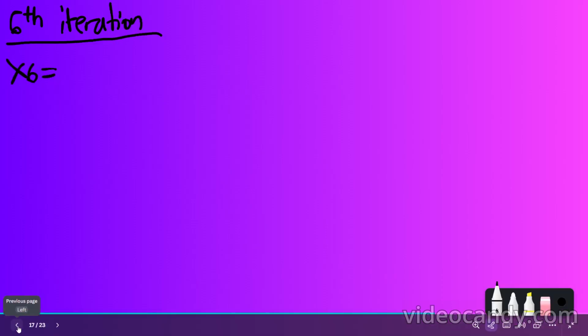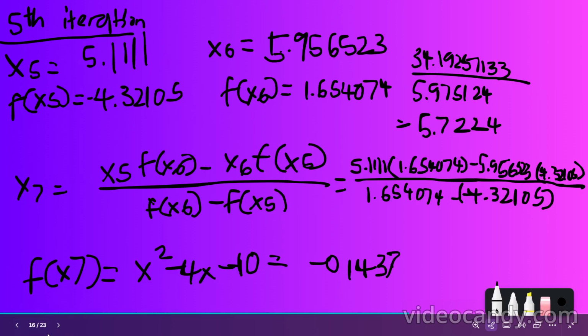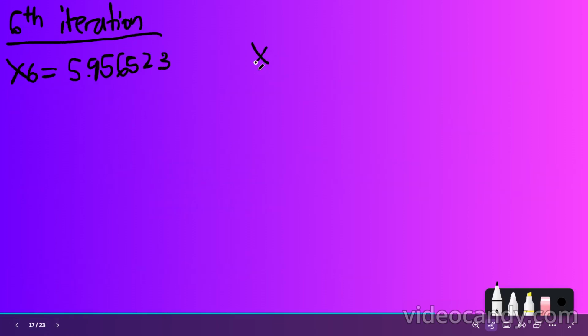Okay. So as for the next iteration, h6 is 5.9565. H7 is 5.7224.